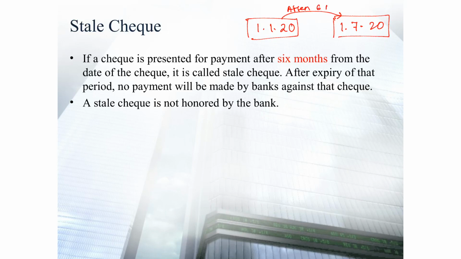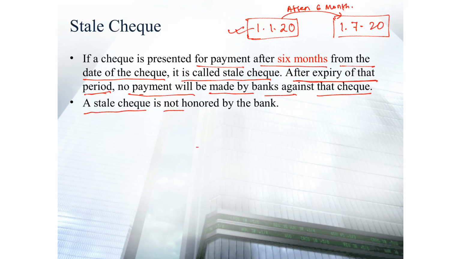If a check is presented for payment after 6 months from the date written, 1/1/20, it is called a stale check. After expiry of that period, no payment will be made by the bank against that check. A stale check is not honored by the bank. So this is a very important check from your exam point of view.